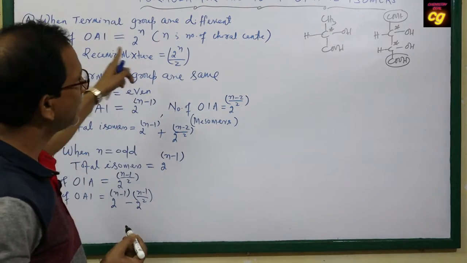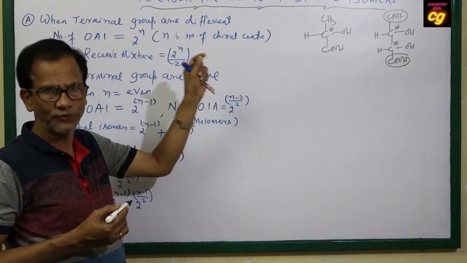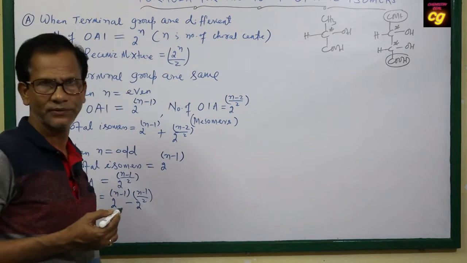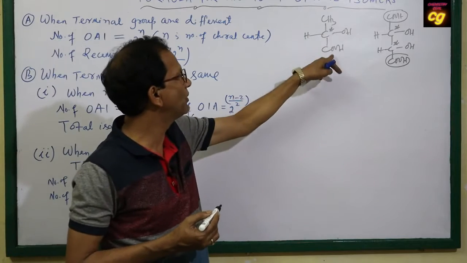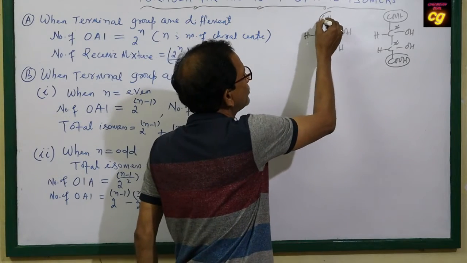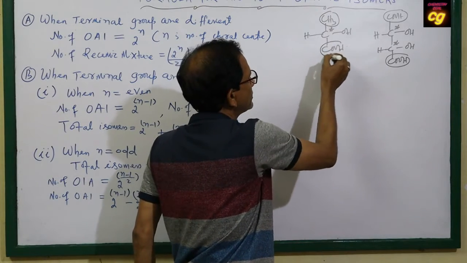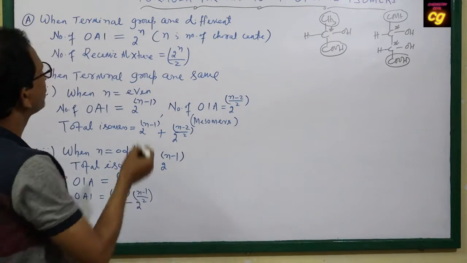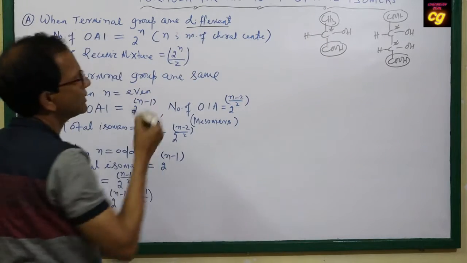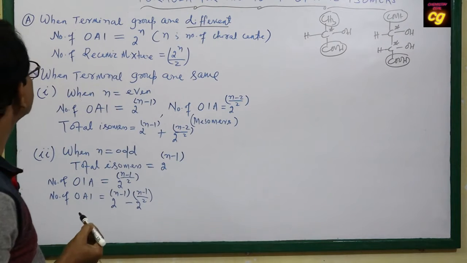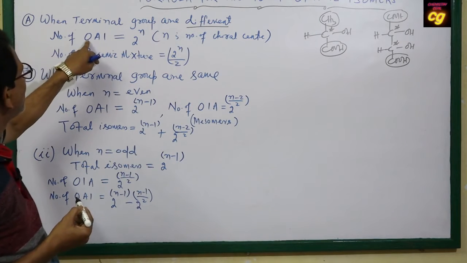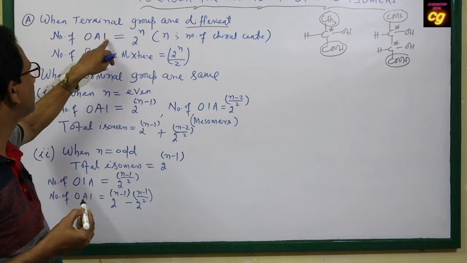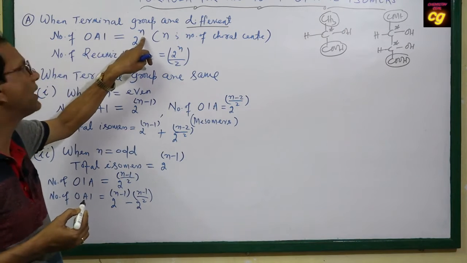Here the rule is, when the terminal groups are different, this is one terminal group, that is the methyl group, and this is your acid group. When different terminal groups are present, the formula is: number of optically active isomers, OAI, is equal to 2 to the power n.